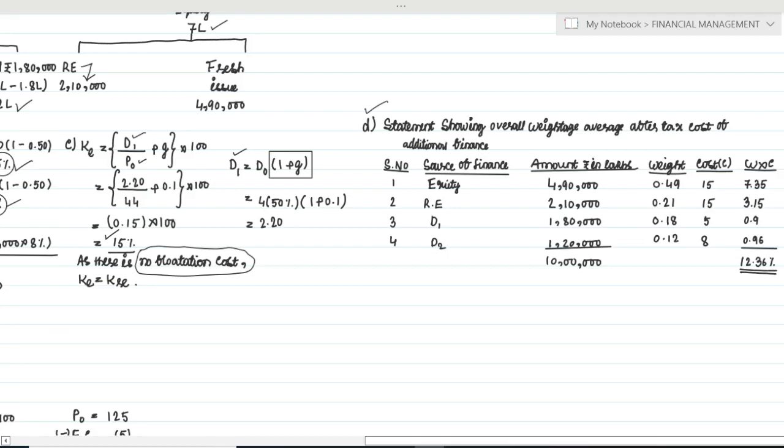After completing all the 3 points, it will become so easy for the student, because now you need to only put the amounts and multiply them with the cost, and you will get the weighted average cost of capital.